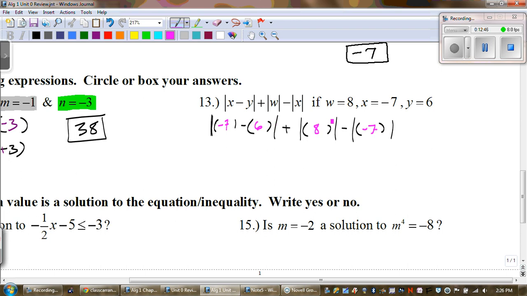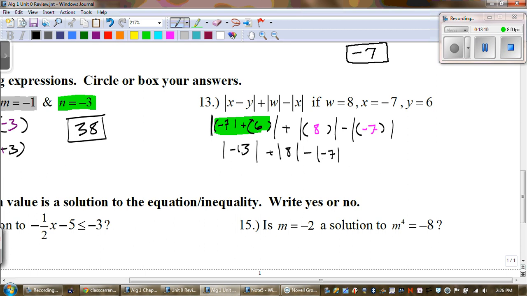Now, before I go off and do any of the other order of operations, I need to simplify what's inside of here. -7 minus 6. If we do click, click right there, they're both minus signs, and we can add those up. Okay? And now everything else stays the same.